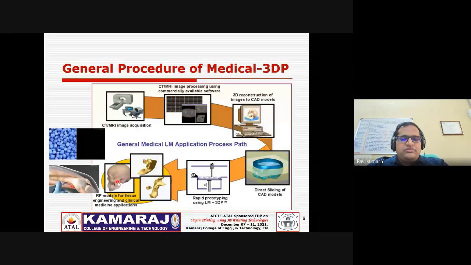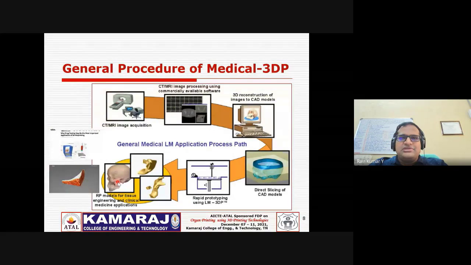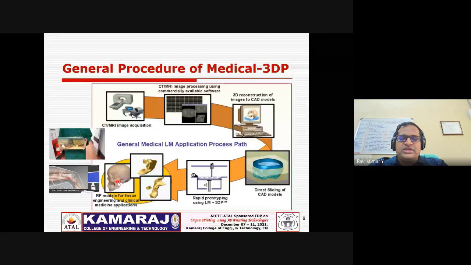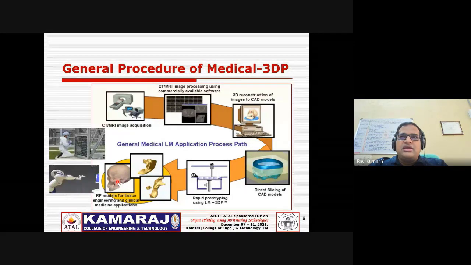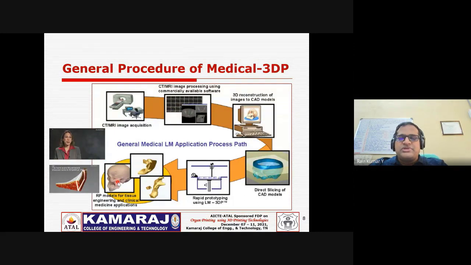Now if you talk about organ printing, what is going to be the material? That's the only difference, but the 3D printing process remains the same, whether you use a synthetic material like a plastic such as ABS, or a metal, maybe steel, cobalt chrome, titanium, or any other metal, or ceramics, or composites.